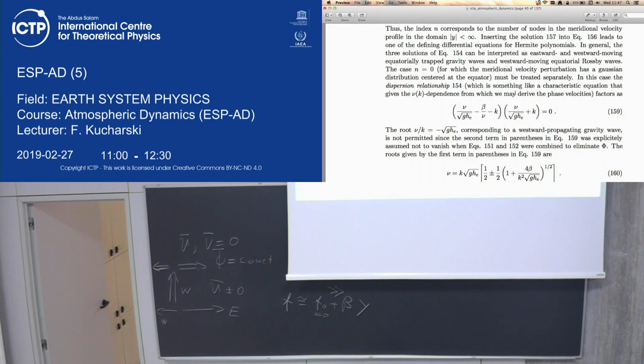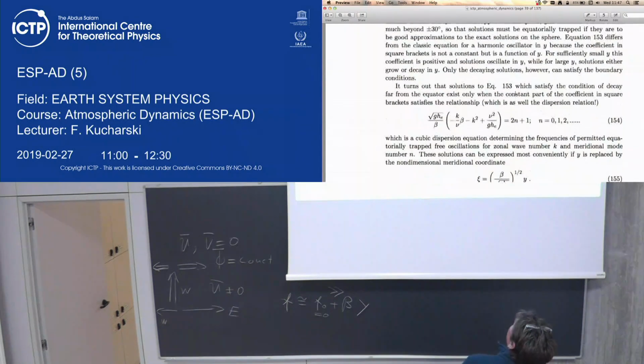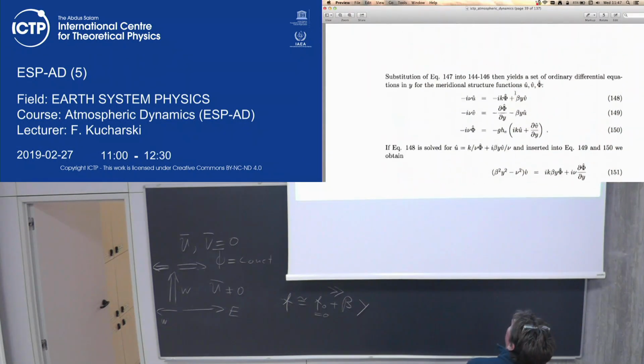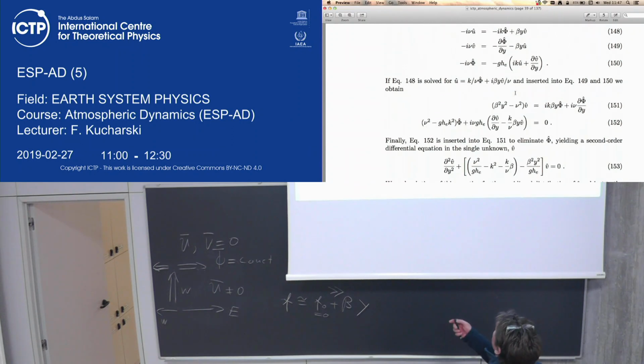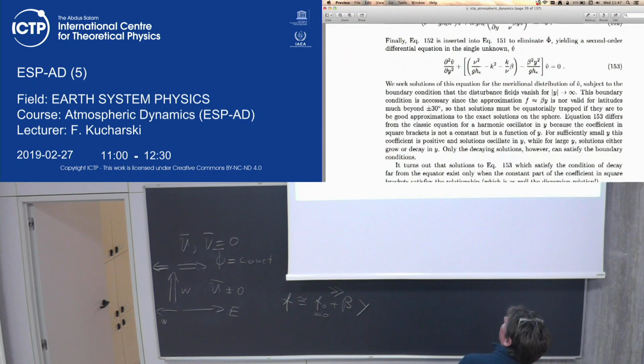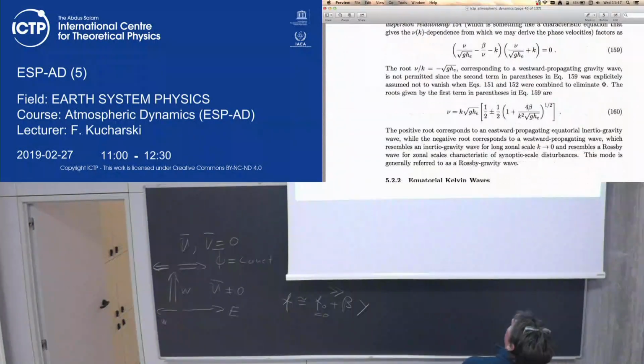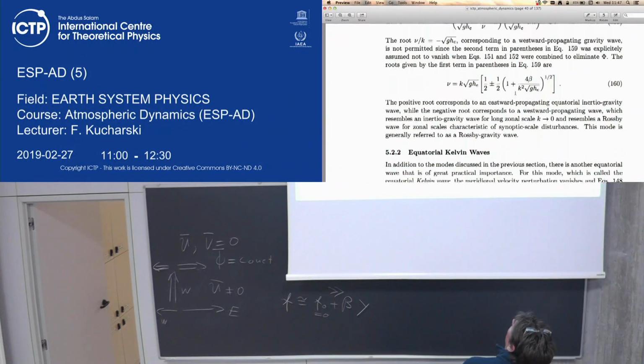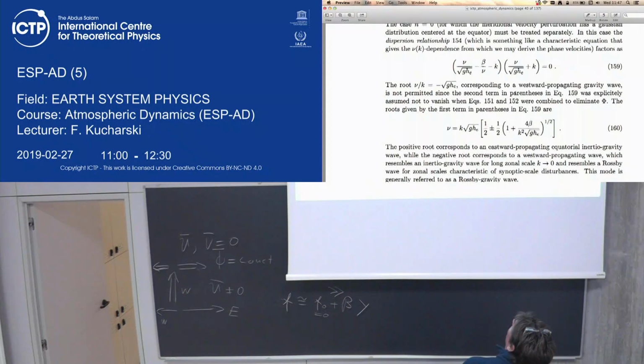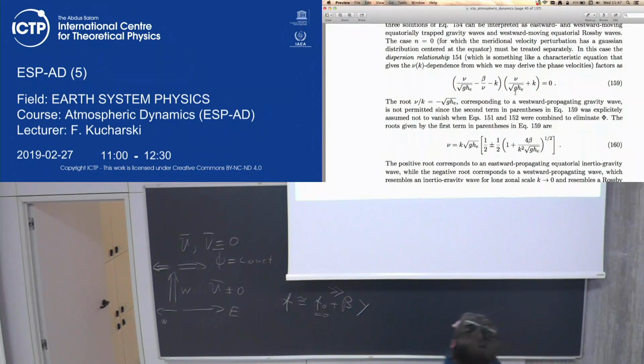But this is actually not permitted, because when you derive that equation, we have divided by this term here. So there was some kind of problem here. But for the other root here, we can find the solution.